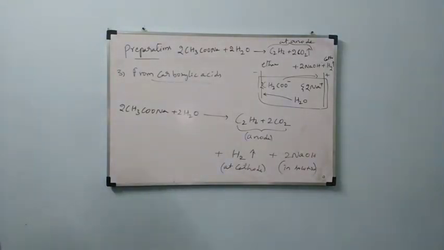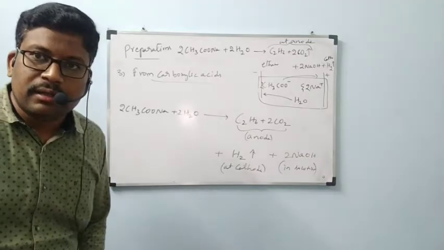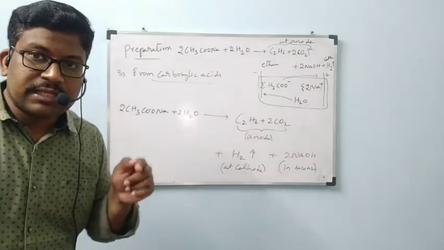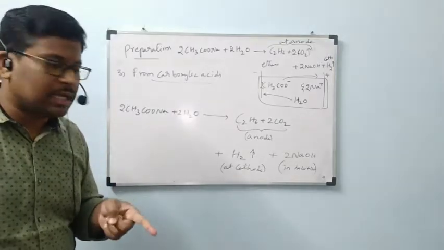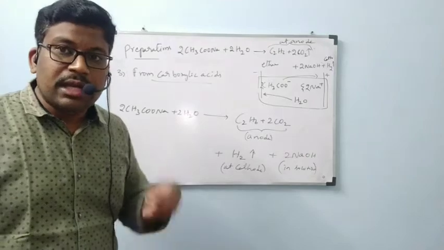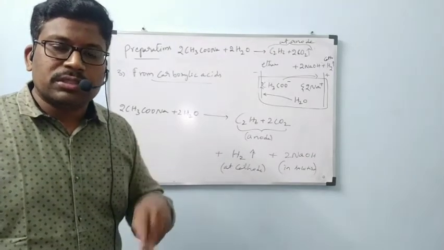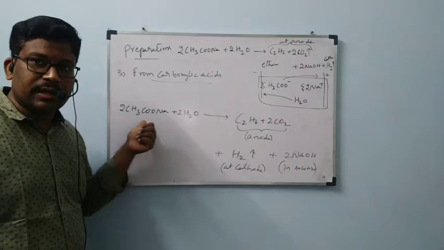This is the explanation of Kolbe's electrolytic method. In Kolbe's electrolytic method, we are using electrical energy in the solution of 2 moles of sodium acetate, or sodium ethanoate.